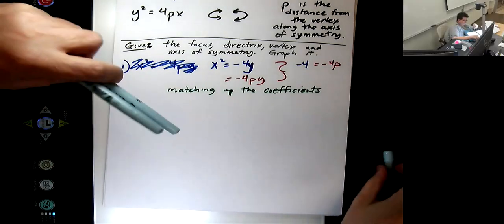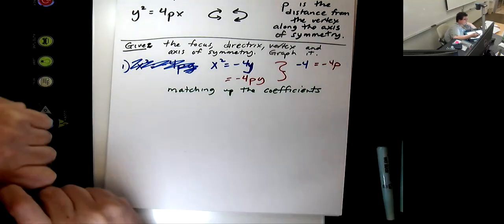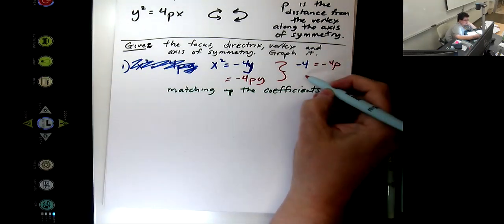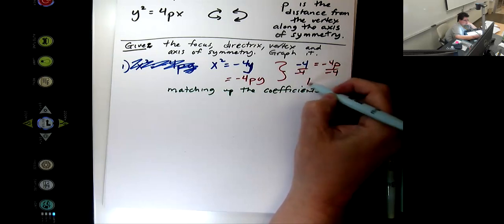And so what does that mean? P's got to equal 1. Divide both sides by negative 4 and you get p equals 1.